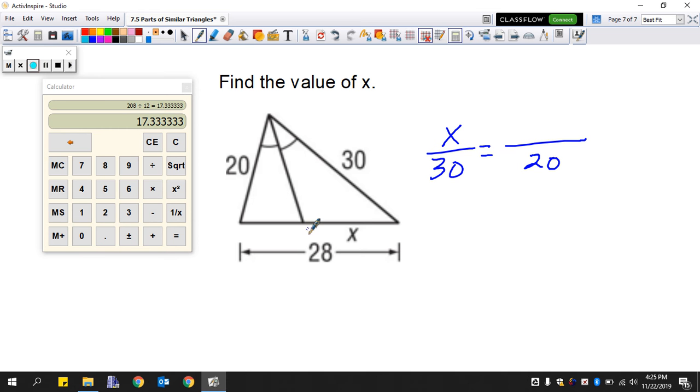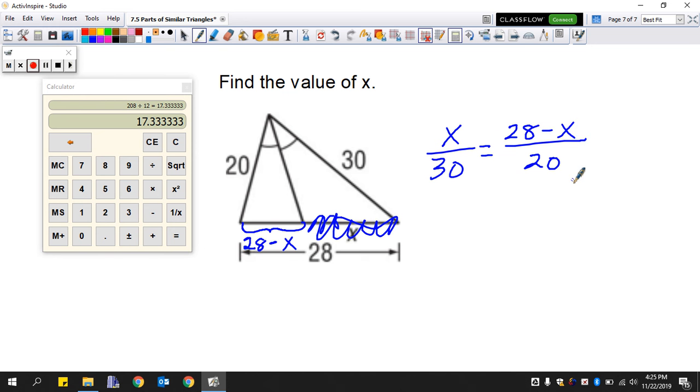What we don't know is the length of this side. Well, it's simply this whole 28 with the x value taken away from it. So that gives us the expression 28 minus x.